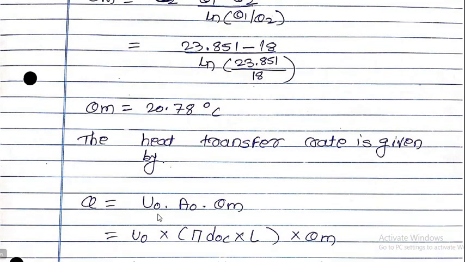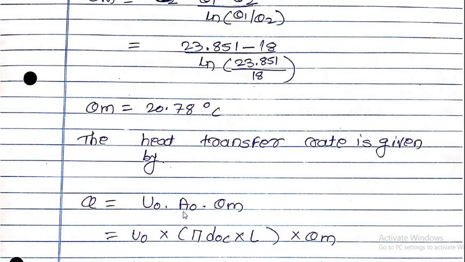Now we know that the overall heat transfer rate in case of a heat exchanger can be given as Q is equal to U naught multiplied by A naught multiplied by theta m. Here we should consider the outer surface area of the copper tube, because the overall heat transfer coefficient is calculated on the basis of the outer surface area of the copper tube.